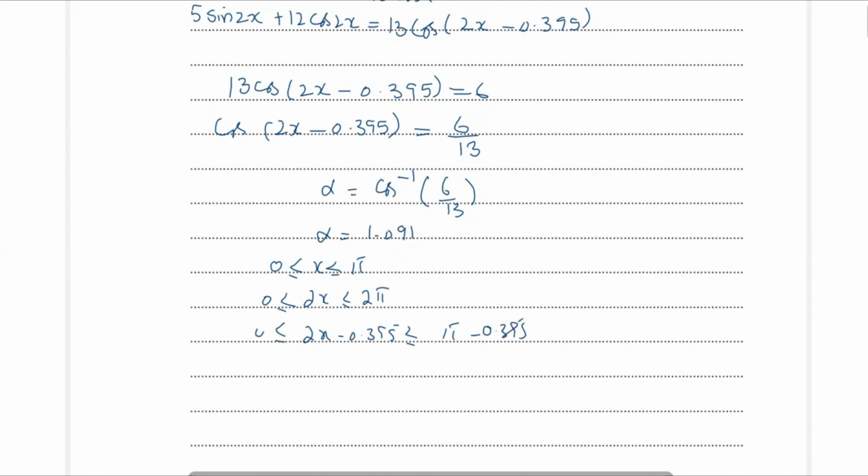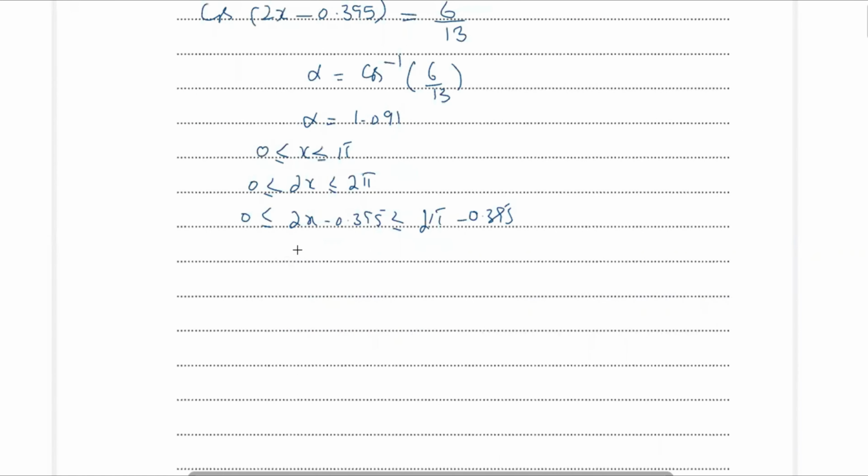Therefore, cos is positive in the first quadrant and the fourth quadrant. In the first quadrant, the alpha will be equal to theta. Now we can write alpha equal to 2x minus 0.395. Now therefore 1.091 will be equal to 2x minus 0.395.